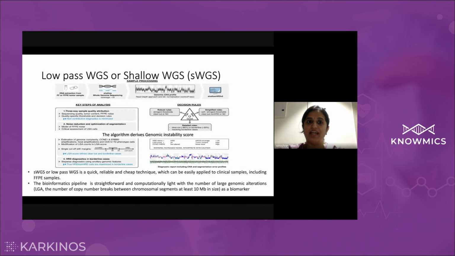So just remember that. The earlier tests which made use of LOH, TAI, LSTs, low pass whole genome sequencing surpasses all that. You do another library preparation in the laboratory when you're checking for the HRR panel. At the same time, you're also making a low pass whole genome sequencing library prep, and you're running it at a lower depth, and then the algorithm takes over, and you get a score. So that whole thing is low pass whole genome sequencing.